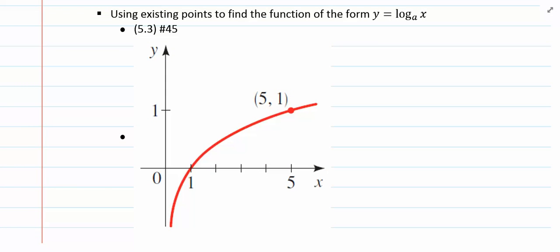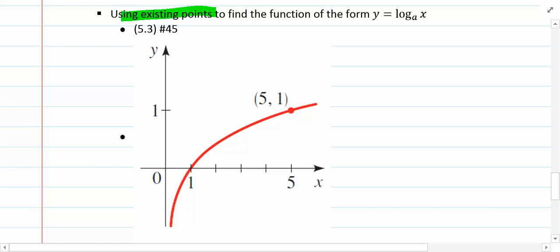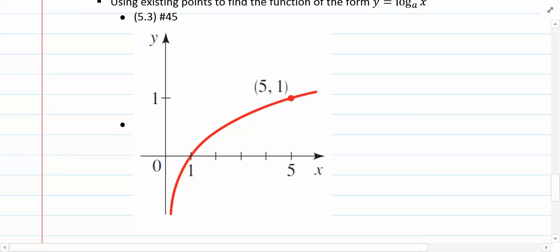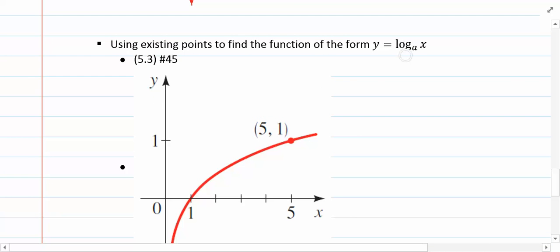There is one last type of exercise that I wanted to show you in this video because you'll encounter them with your practice problems tomorrow in class, and that's the ability to use existing points to find a function in the form of a logarithm. So what we have here is a logarithm that's a traditional shape. It's increasing as we go to the right, so I know it has to be of this basic form.